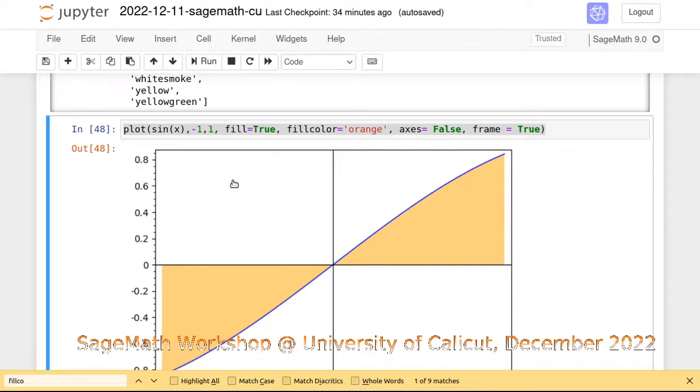Okay, so there is one more option to specify the color. We have seen already that using the RGB color we can programmatically change the color styles. There is one more command which is known as hue.